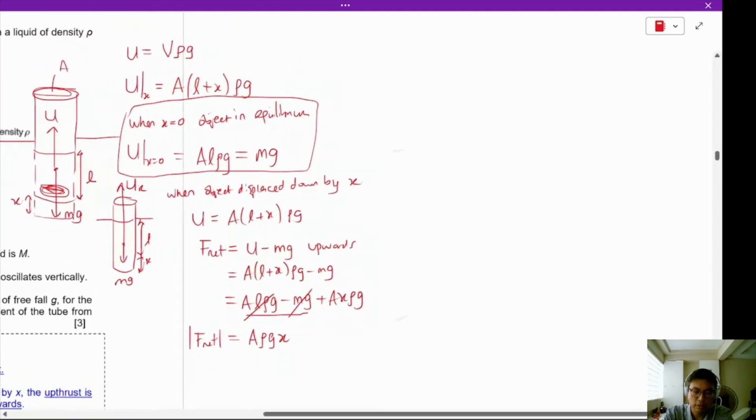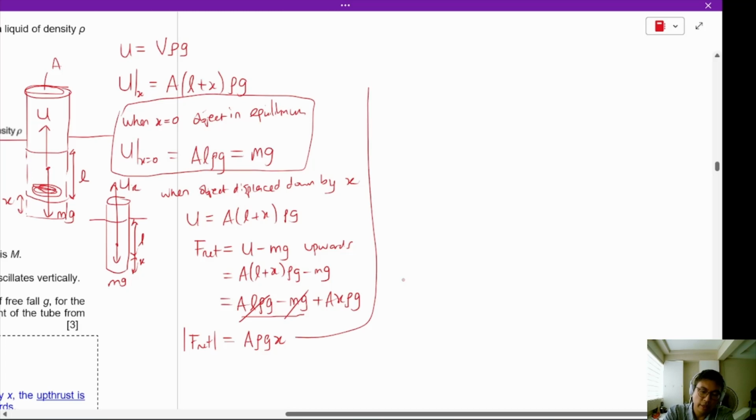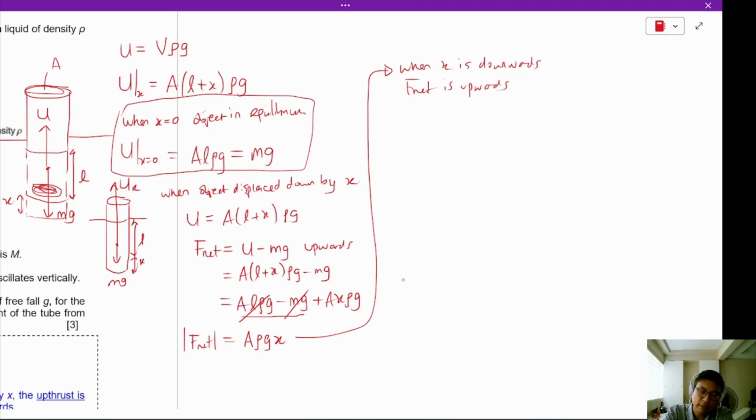So what happens is that when x is downwards, F net is upwards. That means the net force on the body will be in the opposite direction to x.